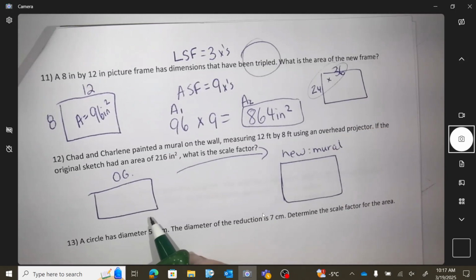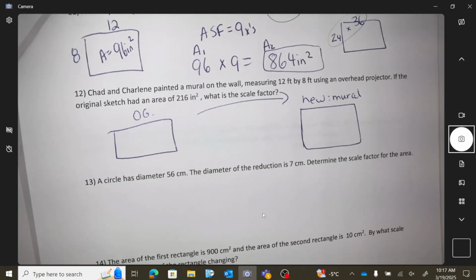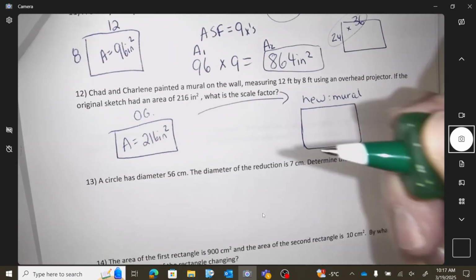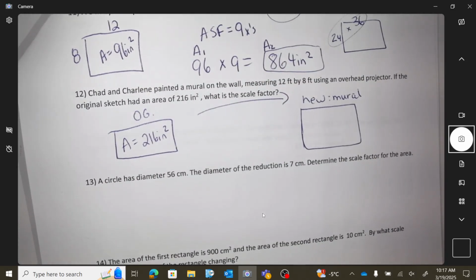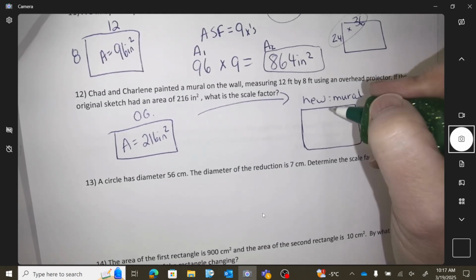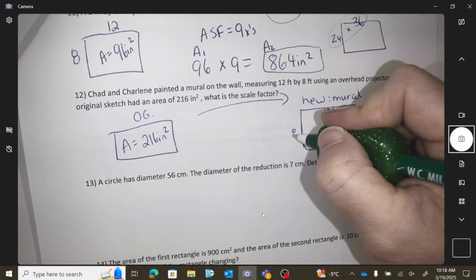The original was something probably on a paper, and then they projected it and then wanted to draw it on a wall way bigger. So what do I know? I know the area of that. And on the wall, I know the dimensions are 12 feet by 8 feet.